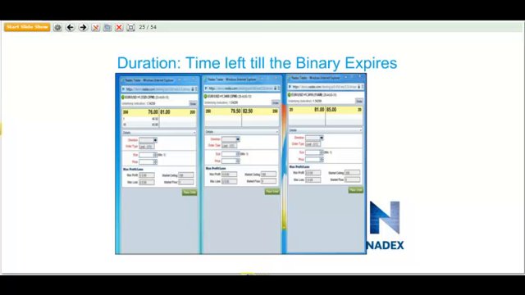So here is time. What I did here was pull up 3 different order tickets with 3 different durations, expirations. As you see, it's difficult to get them all for the same price, but these are real close to 80.